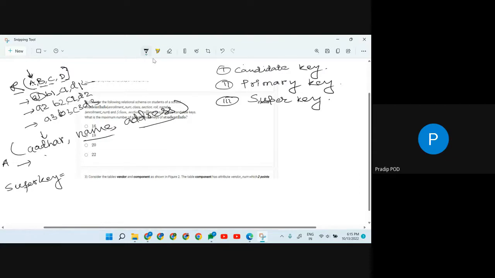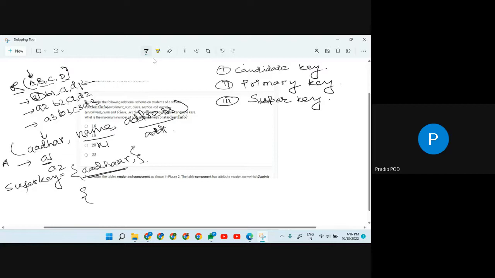Suppose A1 is one tuple, one Aadhaar number, the name of a person is N1 and the address is this one, and A2 is also like this. So Aadhaar is one super key. Whatever attribute you add to a super key, that is also a super key.